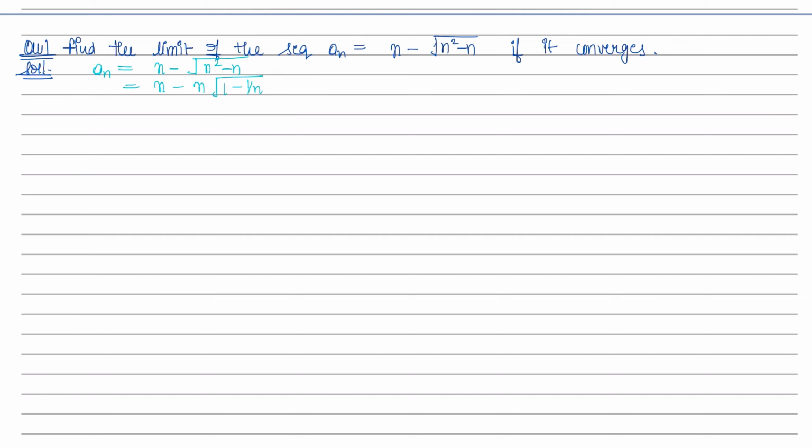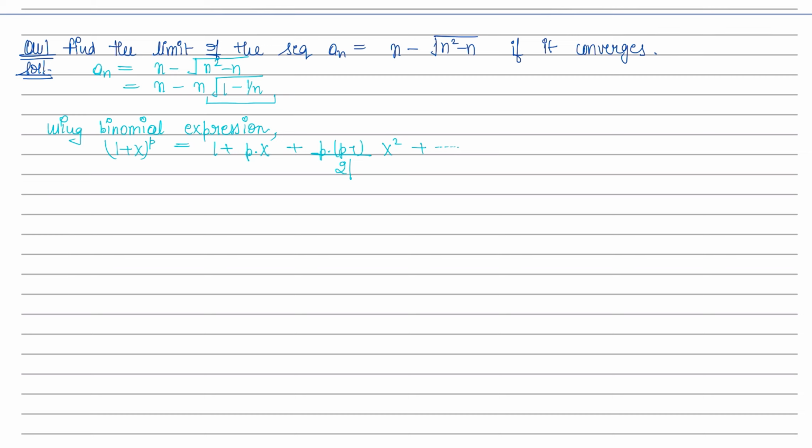Now, we know that we can use the binomial expansion for this term. The binomial expansion of (1 plus x) to the power p is equal to 1 plus p times x plus p into (p minus 1) upon 2 factorial into x squared, plus so on.